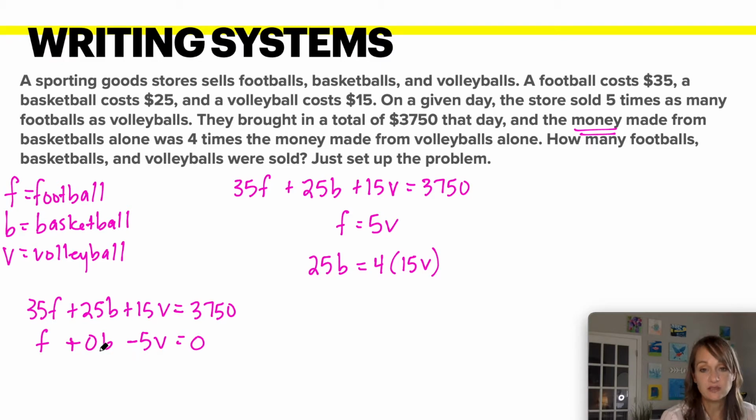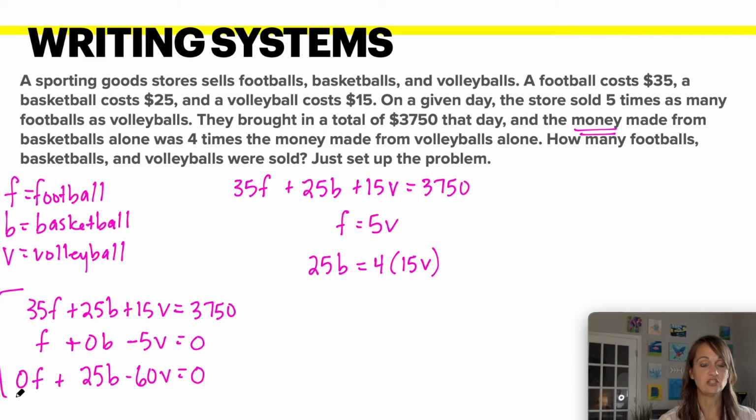There was no basketball in this case, so that's why there's a 0. And then we have 25B, and I have to subtract a 60V because 4 times 15 is 60. There was no F, so I am going to write a 0F. This is my system of equations that I will then need to solve. And at the end of this video, I will come back and solve this to show you how it is done.